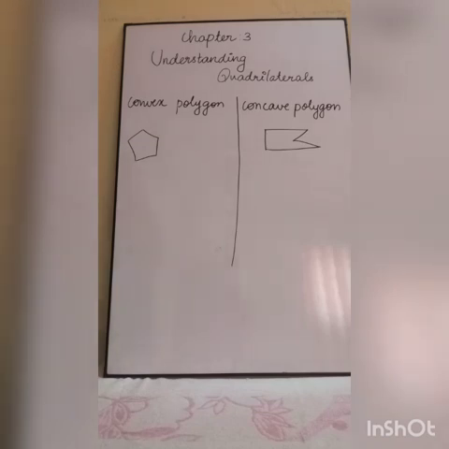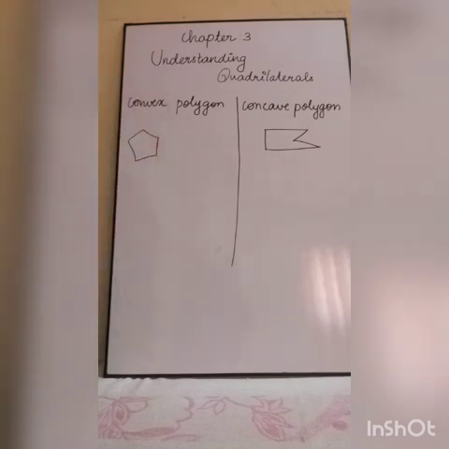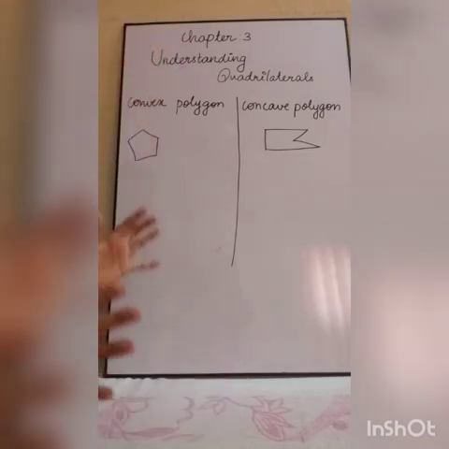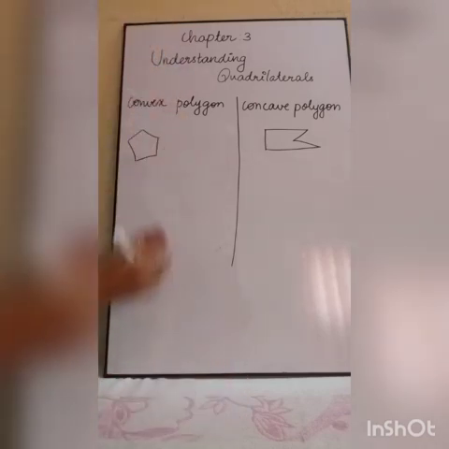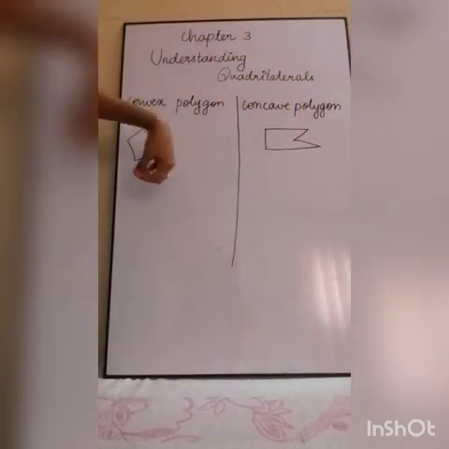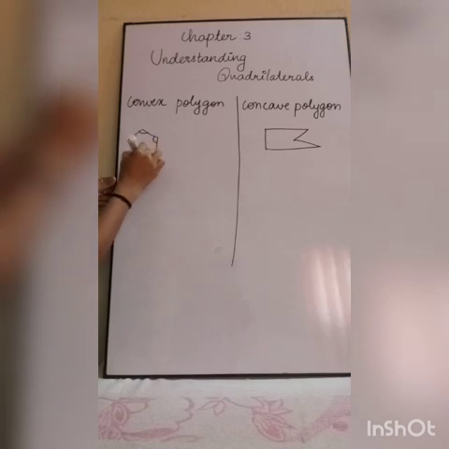In a convex polygon, no angle will be inside. No angle will come inside this figure. Everything will be outside. So in a convex polygon, every angle will be outside. But in a concave polygon, one angle or two angles will be inside the figure. Another fact in convex and concave polygons concerns the interior angles.